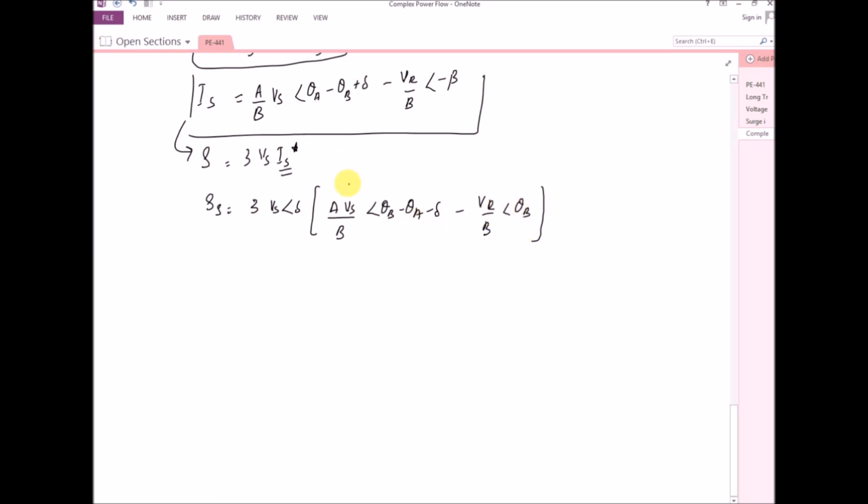So now again these values Vs and VR, they are the phase voltages.